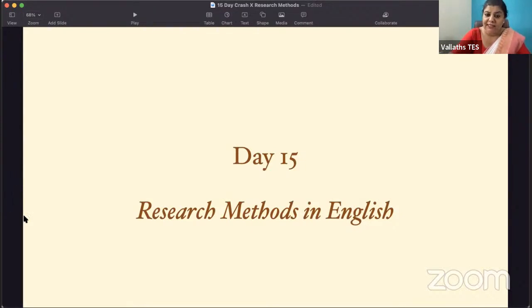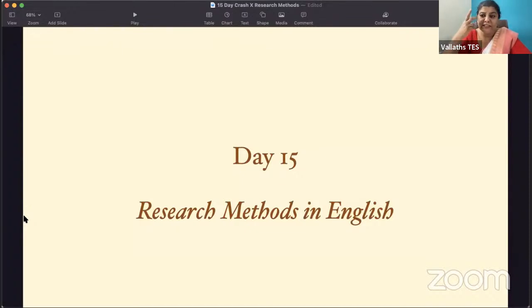If you read a little extra, look at all the keywords, you will be able to understand all the important aspects of research. Okay? And the next important thing in research methods is types of research. Now, guys, remember, there are 2 topics. One is paper 1 research aptitude. That is not what I am dealing with.